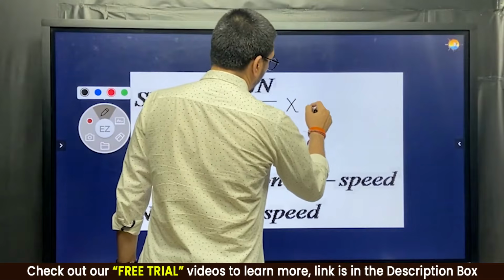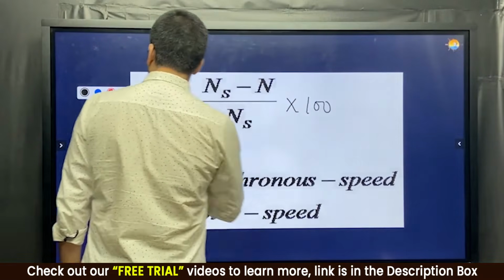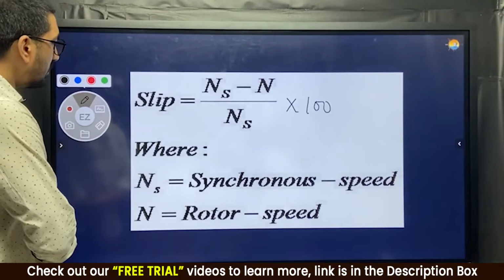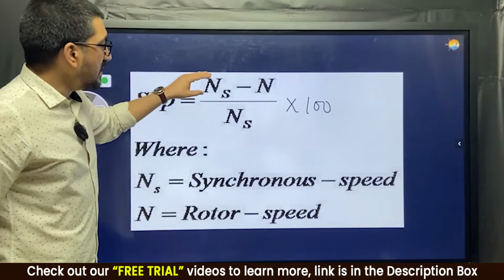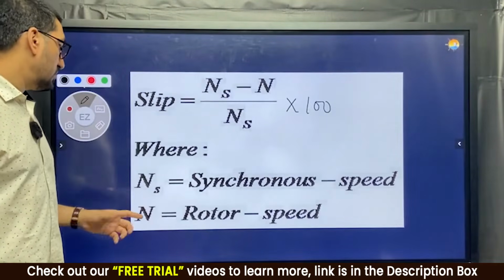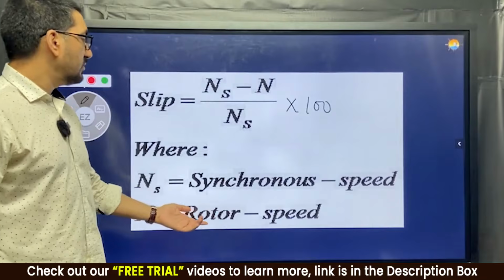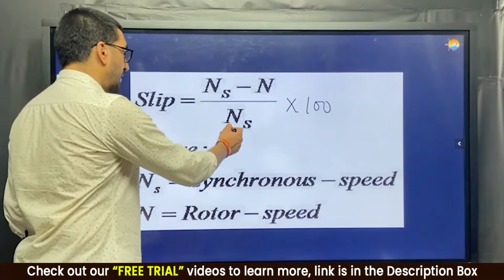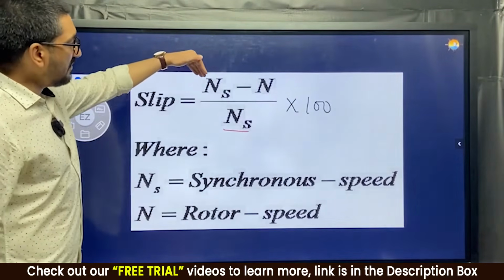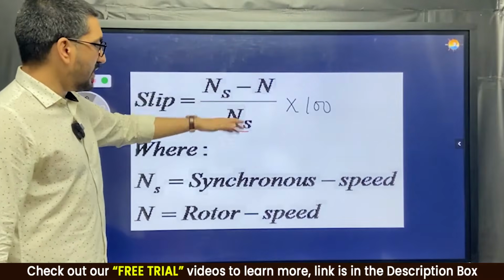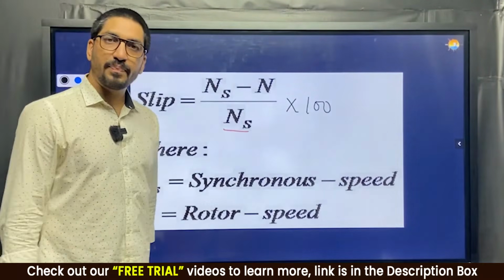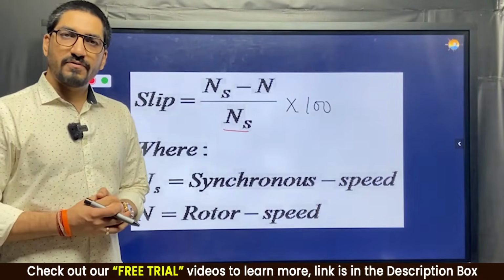Okay, so slip will be expressed in percentages. It is nothing but synchronous speed minus actual speed, or the rotor's present speed, divided by synchronous speed or RMF speed. RMF speed minus rotor speed divided by RMF speed into 100. Fine.